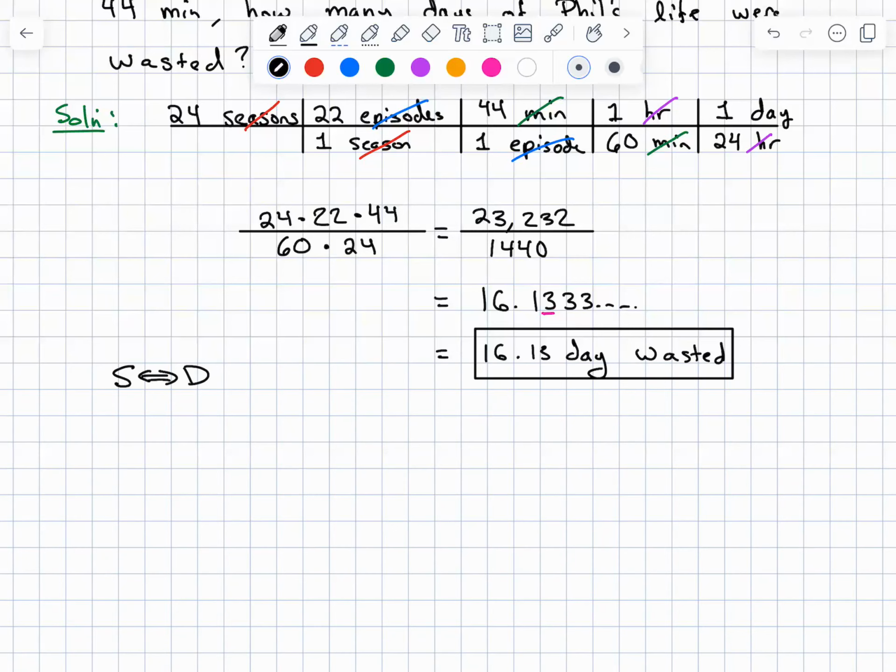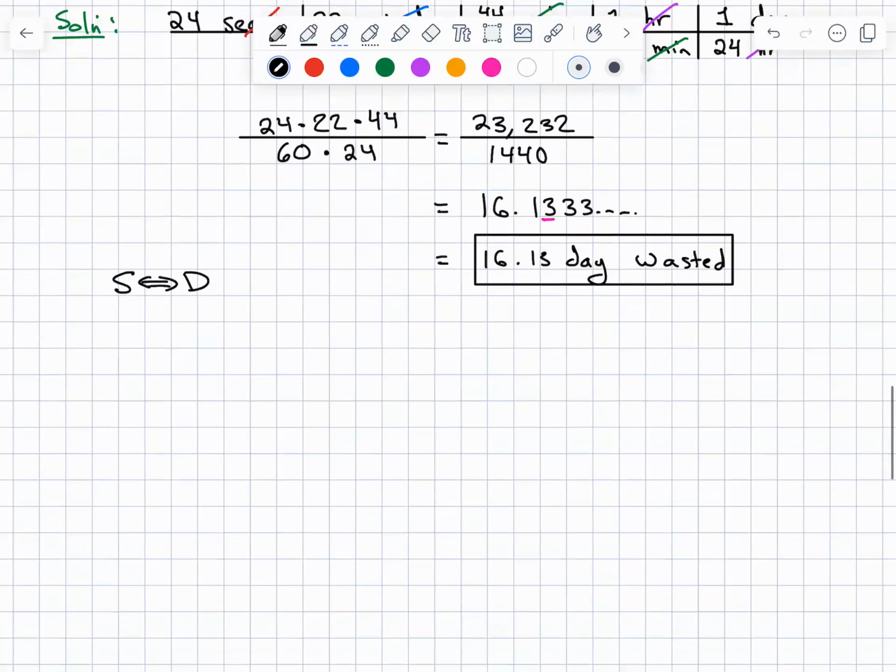But anyways, that's one example of a silly situation, but you can also do this in a multitude of ways. So I think I'll do two more.